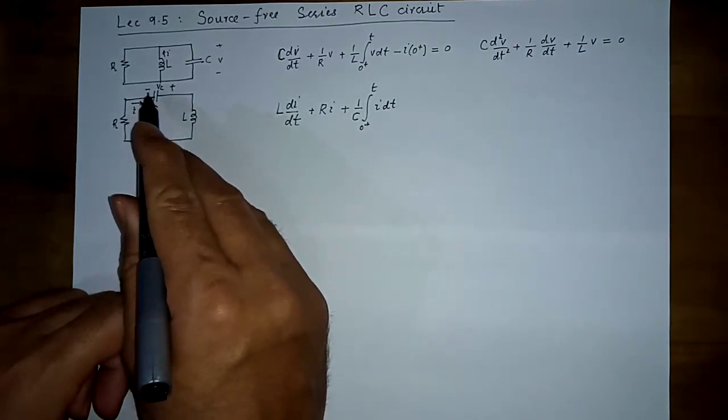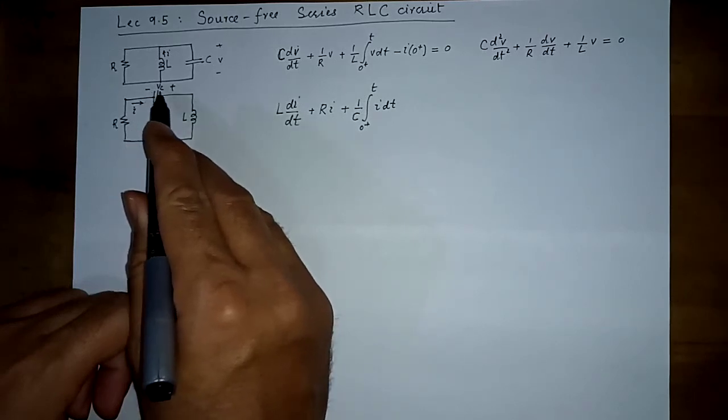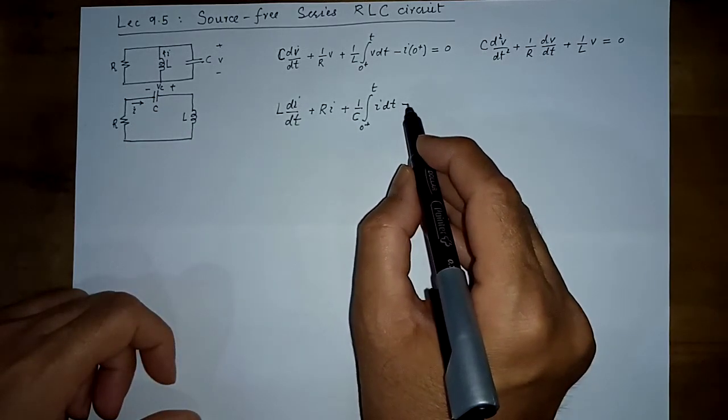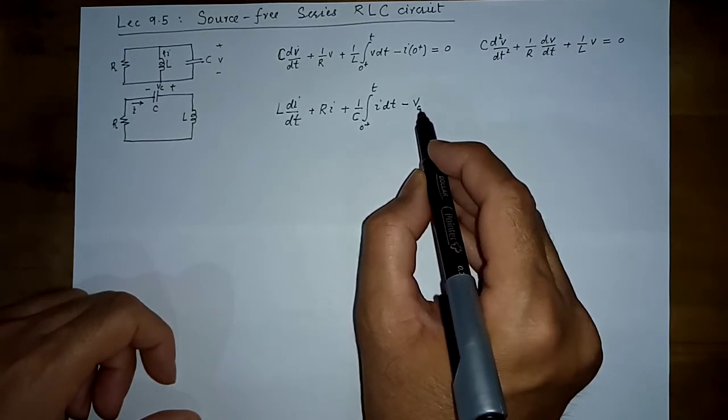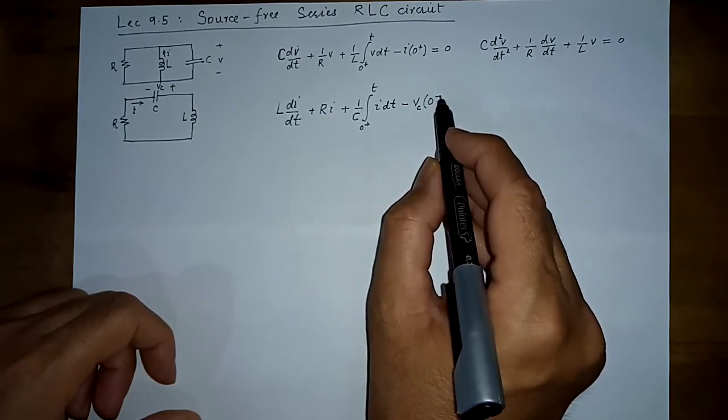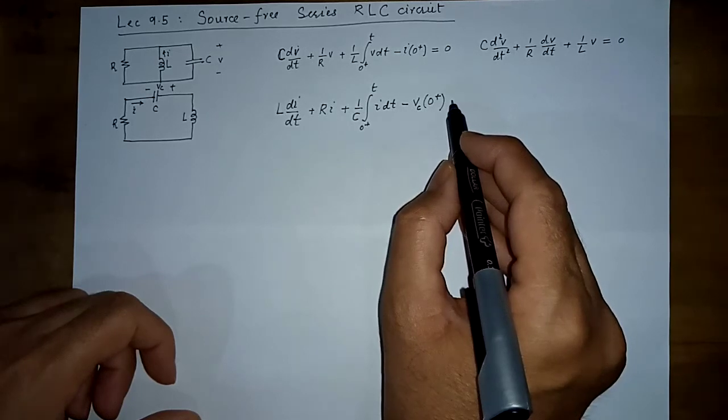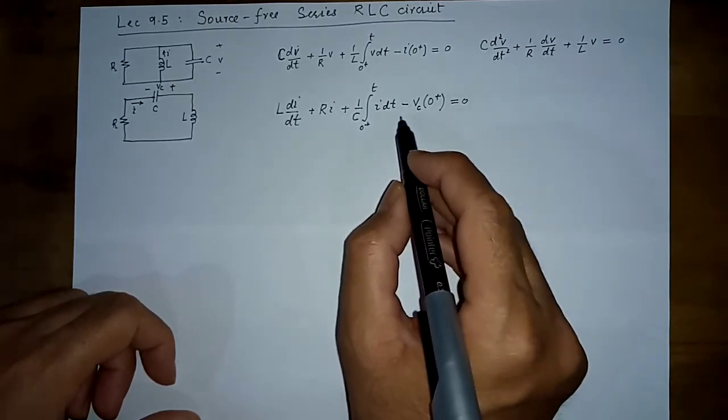Because this does not fulfill the passive sign convention, we are going to get a negative sign here, minus Vc at 0 plus is equal to 0.